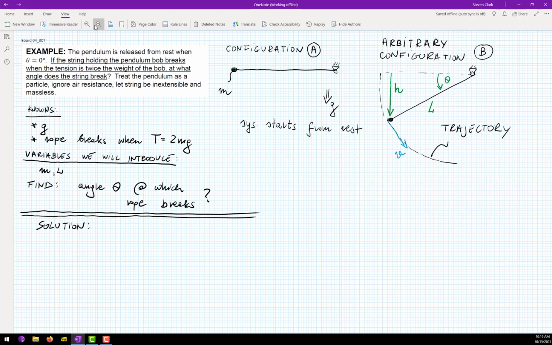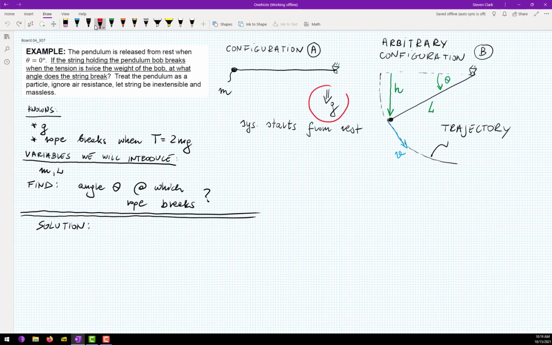Okay, so what do we have in here? We have our configuration A, our first initial position, and our pendulum is at this configuration. So our pendulum has mass m attached to its end.